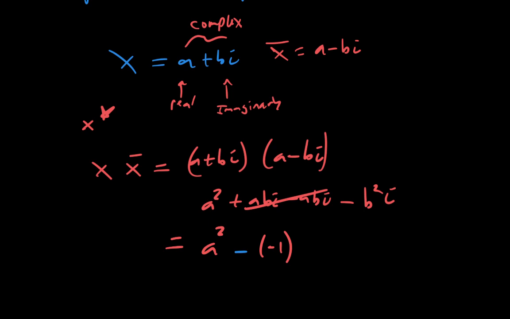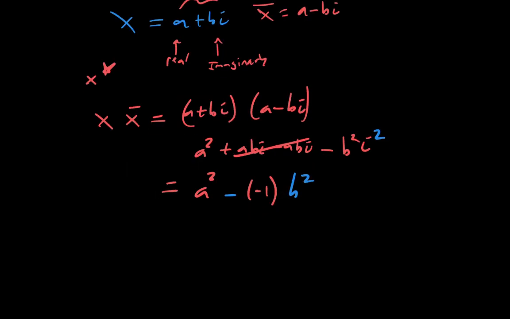Sorry, this is i squared. So a squared minus -1 times b squared, or just a squared plus b squared. And that's how you could factor these out.